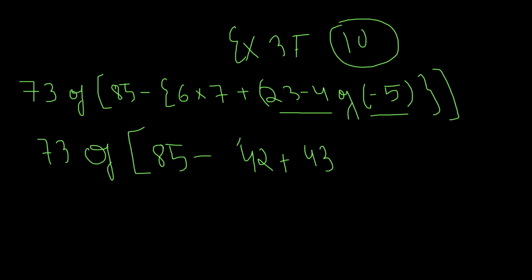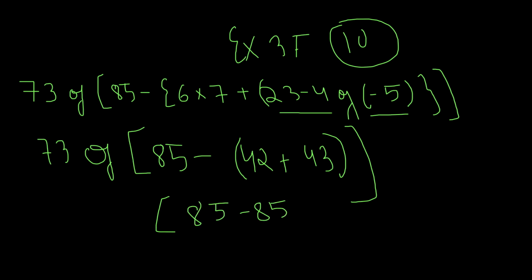Now 42 plus 43 is 85, and 85 minus 85 is 0. So 73 into 0 will be equal to 0.